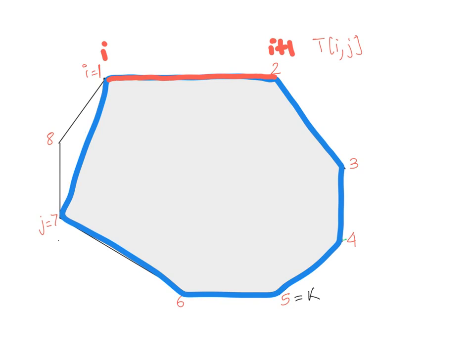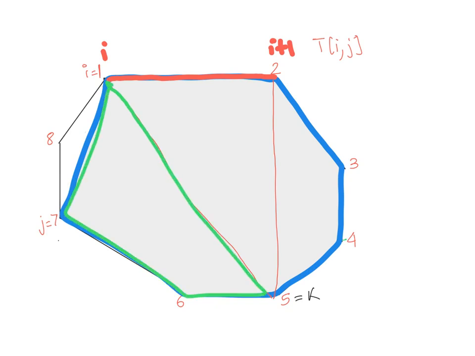And then the idea was, okay, let's now see what the pieces in this triangulation are. There is the triangle i plus 1, k, and then we have one piece on the left which is given by this polygon, and then another piece on the right which is given by this polygon.